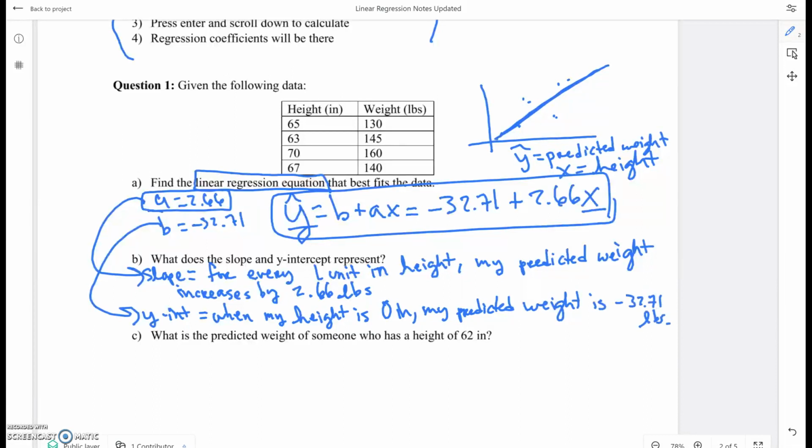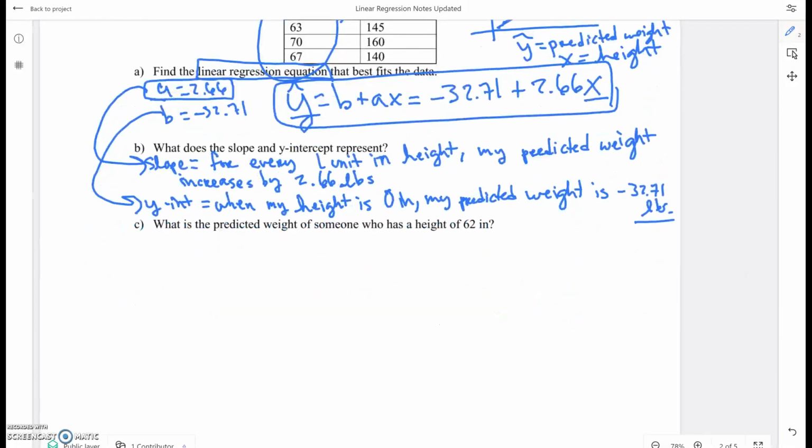Now this makes absolutely no sense. And that is because we're only basing it on these data points. I don't really know what's going on before 63 and past 70. So this actually makes no sense. The tool will just give you the general picture, but it's up to you to make sure whether it makes sense or not.